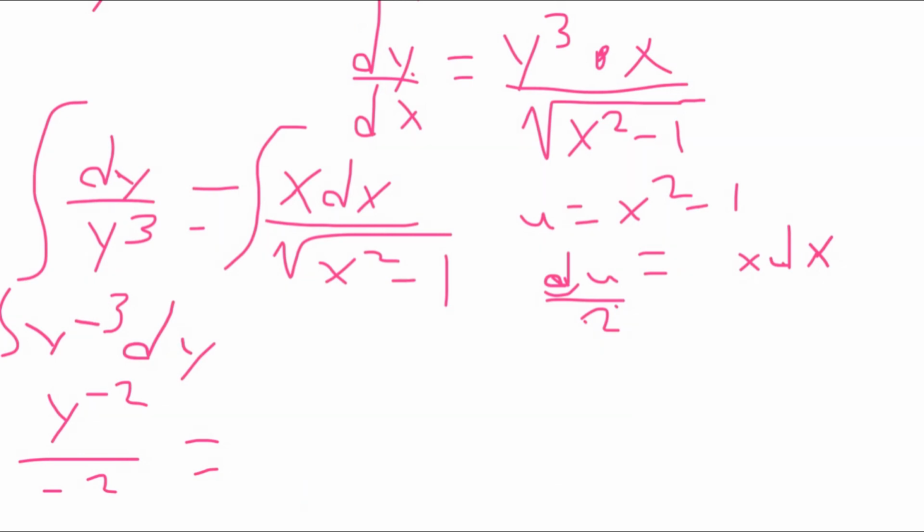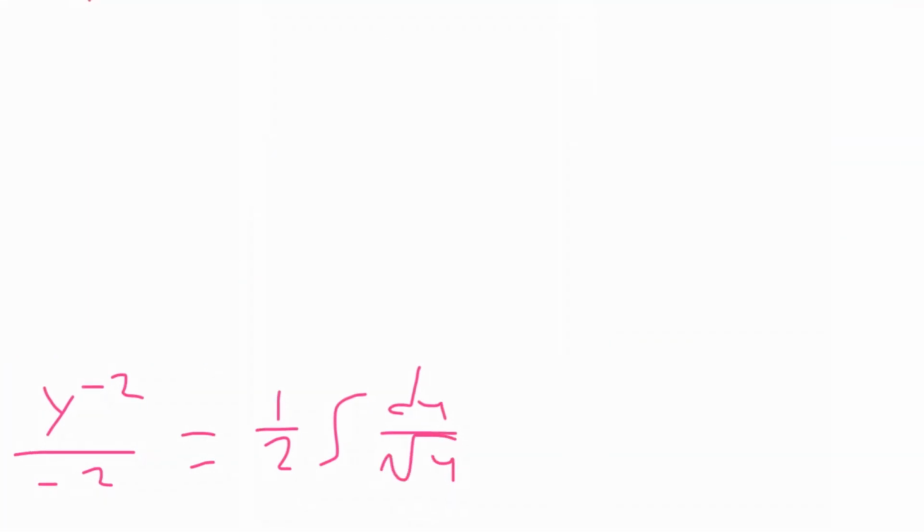So now we could replace this x dx with du over 2, so it's equal to 1/2 du over root u, which is u to a half. So this could be rewritten as 1/2 integral of u to the minus a half du. To integrate this, it would be another power rule.